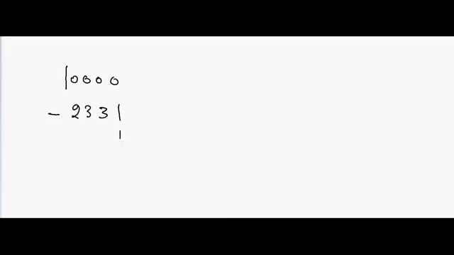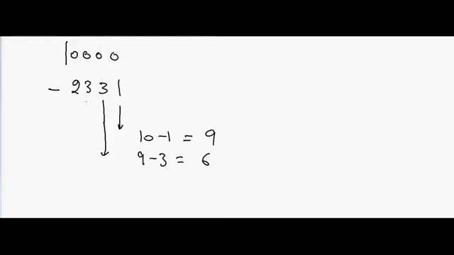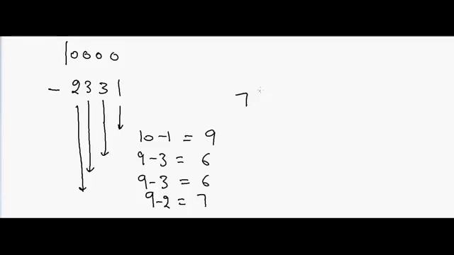In that case, first I take the 2 (10 minus 2 is equal to 8)... Following the method, I take each digit: 9 minus 3 is equal to 6, then the next 3, so 9 minus 3 is equal to 6, and then I'll take the 1, so 9 minus 1 is equal to 8. So the answer will be equal to 7669.